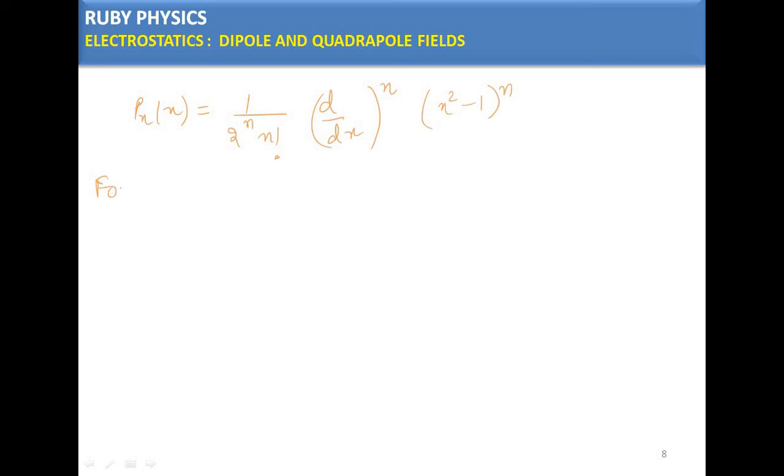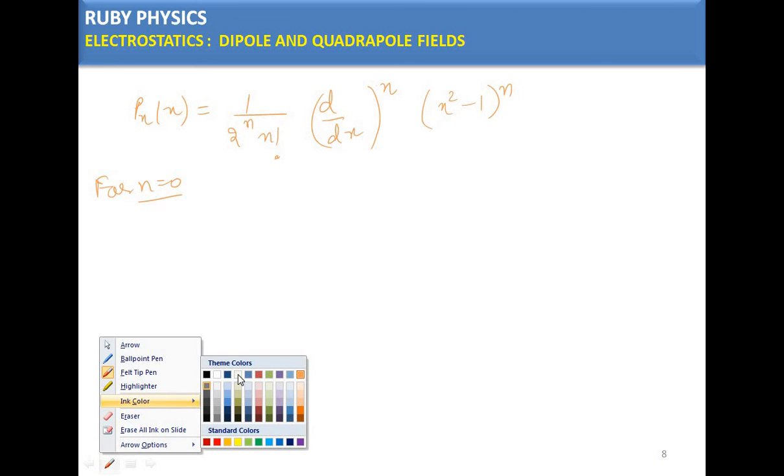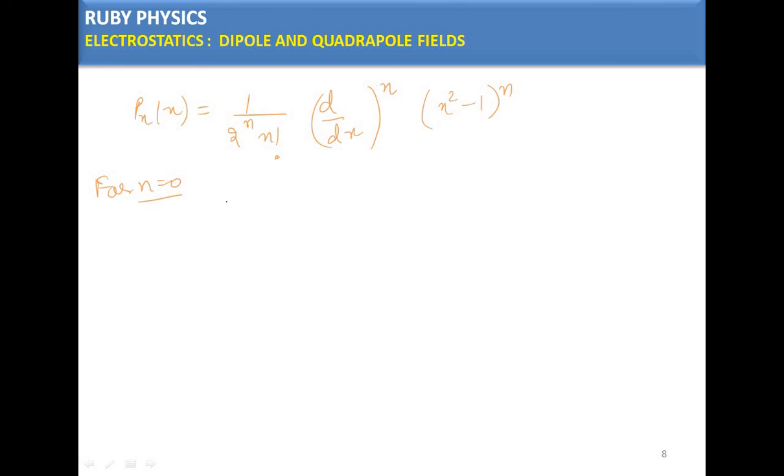Okay, so now for n equal to 0, we will come by finding this. Okay, and this will be P naught x. P naught x will be 1 upon 2 to the power 0 factorial, d by dx to the power 0, then x square minus 1 to the power 0.